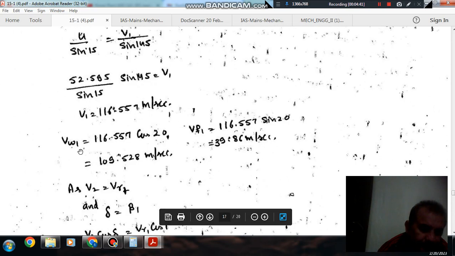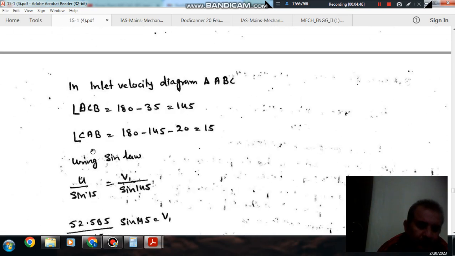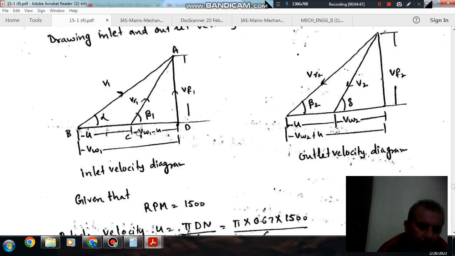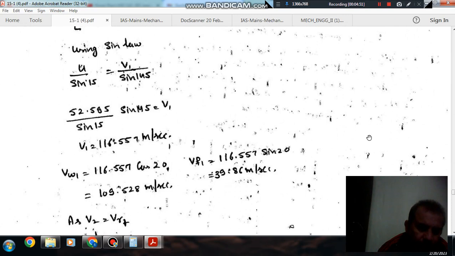So V1 will be 116.557 meter per second. Now from V1 we can determine the whirl component, that is V1 cos alpha or cos 20, and the flow component VF1 is 116.557 sin 20.